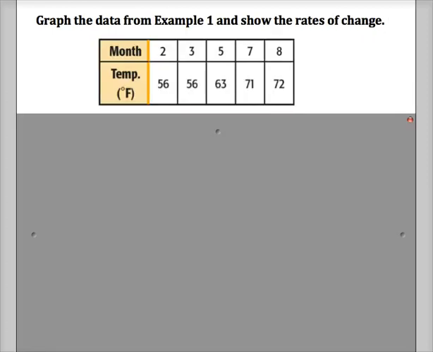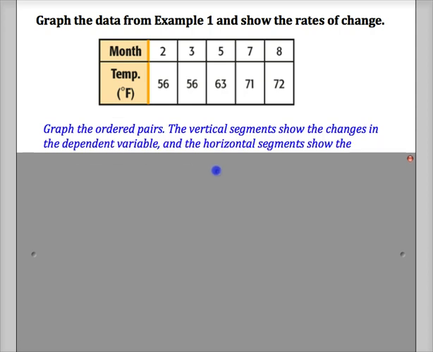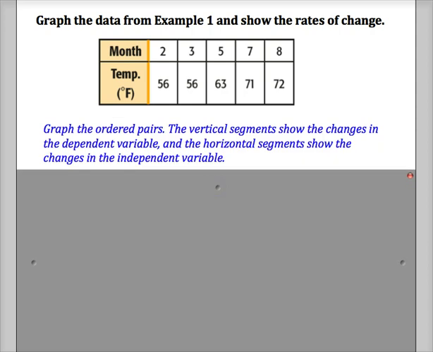So how we use that and look at it, as well as a way we can graph it. So this was our first chart. This was the months with the temperature. And if we want to graph and show the rate of change, we're going to do the ordered pairs first. And an ordered pair would be written as 2, 56 because the month is the x value and the temperature is the y value.